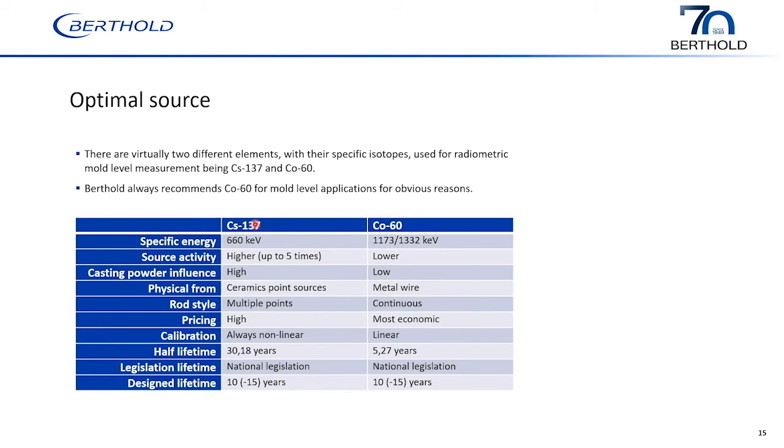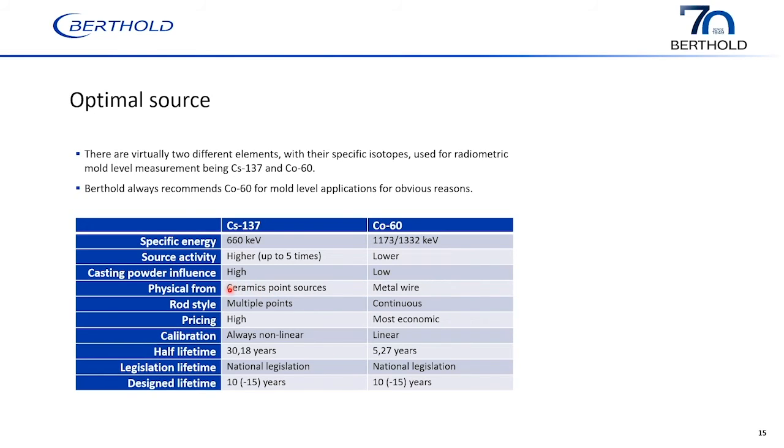So if you go with a cesium source, you would have to have a much higher activity on the material, because less gamma radiation will make its way to the detector than if you were using cobalt. And since cesium has less specific energy, casting powder will attenuate the radiation from cesium to a greater extent than from cobalt-60.